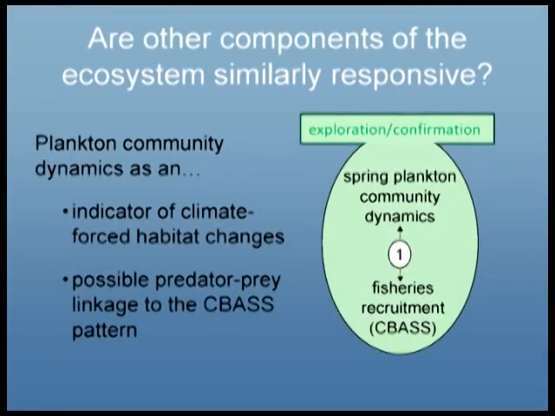So we're going to look at the plankton community, as I said, either as an indicator of climate-forced habitat changes, or possible predator-prey linkage, or perhaps a little of both, as often is the case in nature. And we're going to use plankton data from the stations spanning this OMTZ zone. You see the stations there.